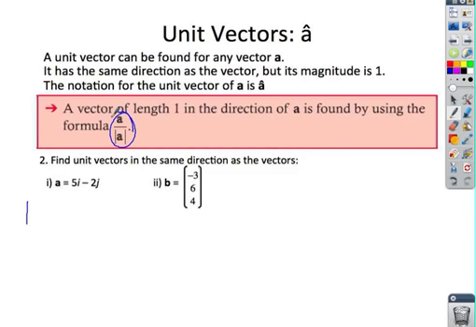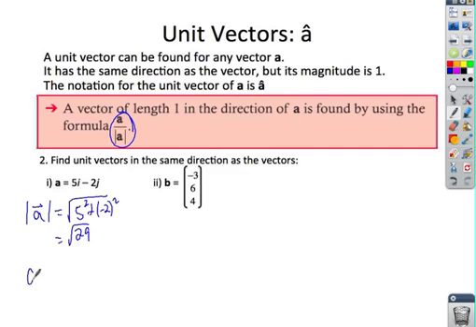So first find the magnitude of A. Anytime you want to find a unit vector, you have to find its magnitude, so it's going to be the root of 5 squared plus -2 squared, which is root 29.